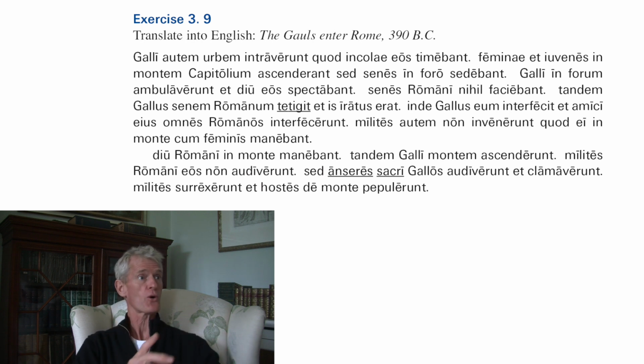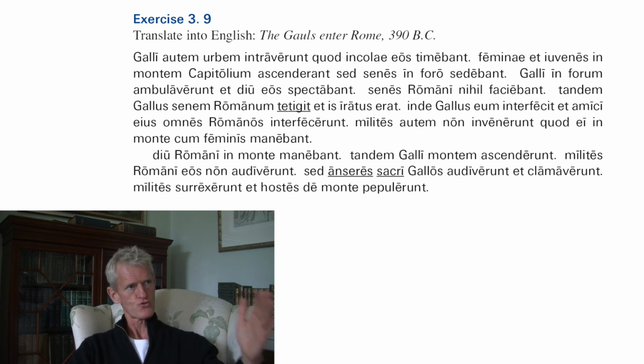We're not quite sure until we look at the rest of the sentence and we see we've got eos. Now, eos, accusative plural, not agreeing with a noun, so it's meaning them, and it's very much looking like it is the object. So that makes us relax a bit, and we know that we've got the Roman soldiers as our subject, non audiverunt, did not hear, back to the object, eos, them.